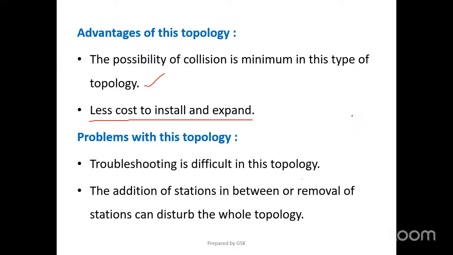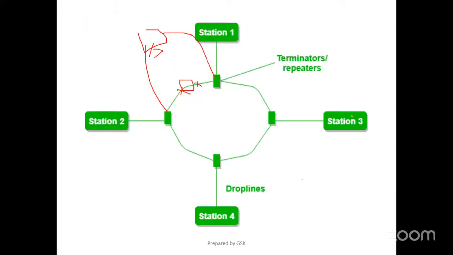The addition of stations in between or removal of stations can disturb the whole topology, obviously. See the image. Suppose I want to add one more node, one more system or station, that disturbs this entire ring topology.